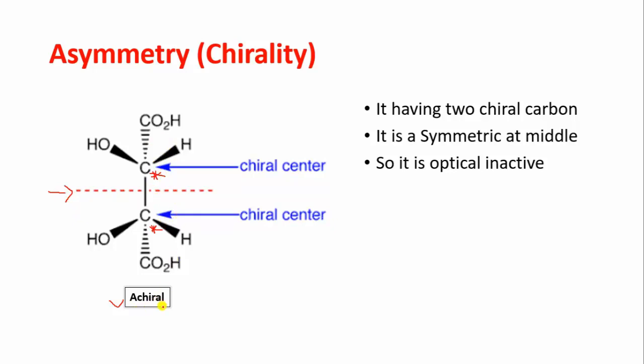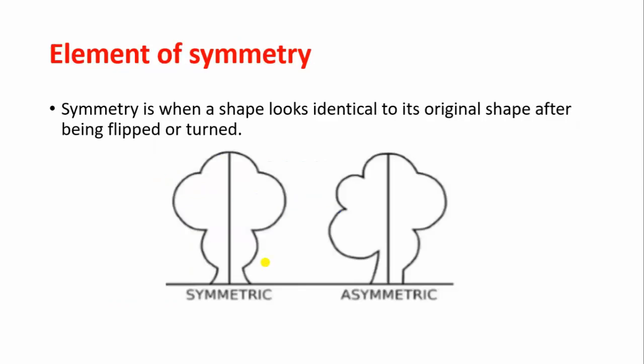So it is achiral. To understand symmetry or asymmetry, we have to learn in detail the elements of symmetry. Now we will learn elements of symmetry.